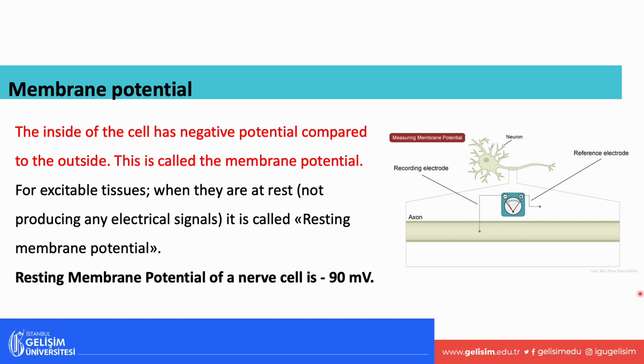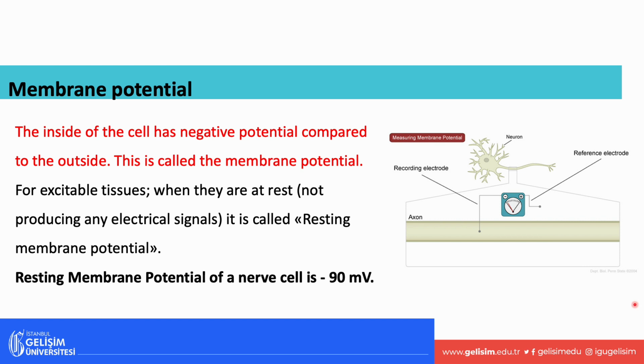However, ions also have an electrical charge, which means that they're attracted to areas with opposite charge, right? So, for example, positively charged ions like sodium are attracted to areas with a negative charge, while negatively charged ions like chloride are attracted to areas with a positive charge.